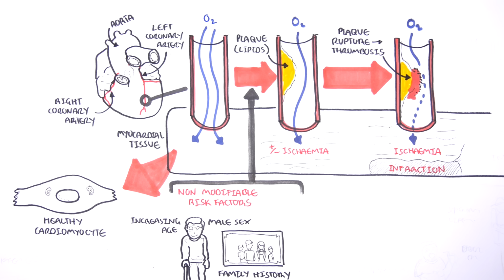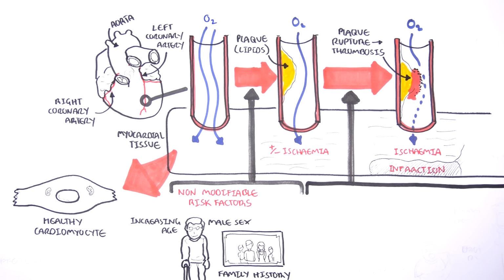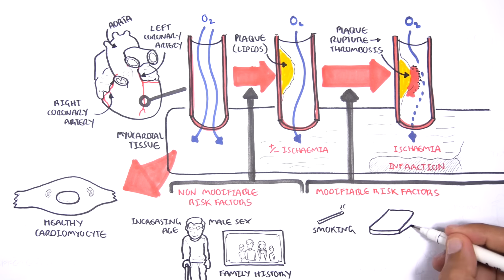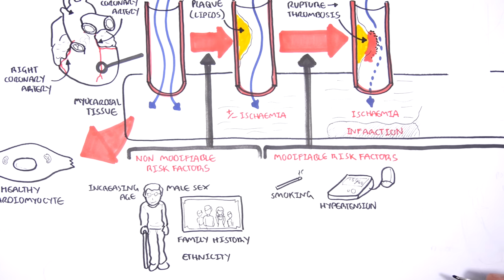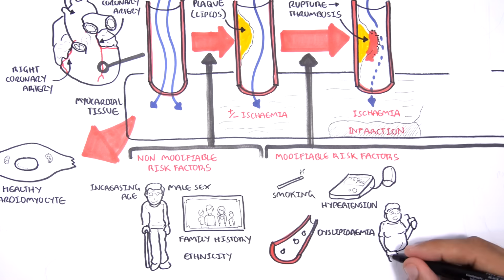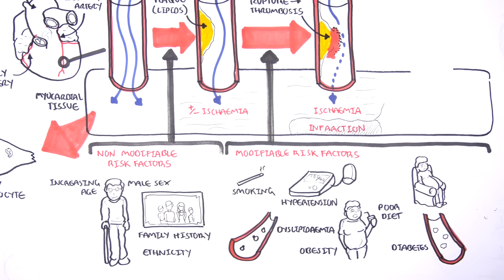This is referred to as a non-STEMI. And usually, other risk factors contribute to this progression more rapidly. And these risk factors are the modifiable risk factors usually. And these include smoking, hypertension, having uncontrolled dyslipidemia, poor diet, obesity, diabetes, and having a sedentary lifestyle.